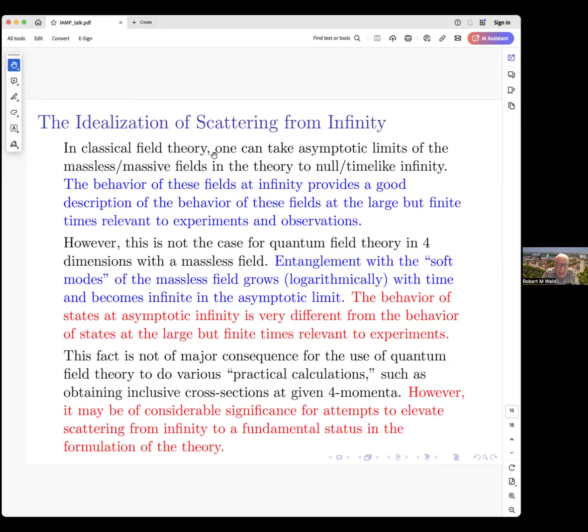So what I'm getting at is that this idealization of scattering from infinity is not a very sensible idealization from the point of view of practical experimental physics. That contrasts with the situation in classical field theory.